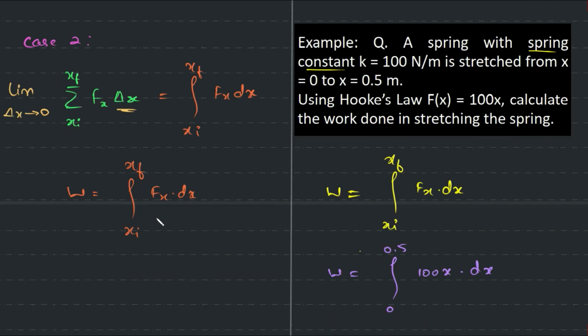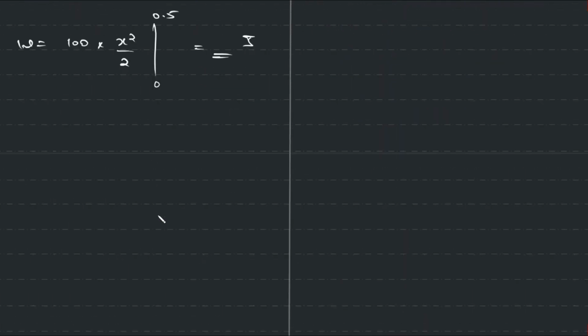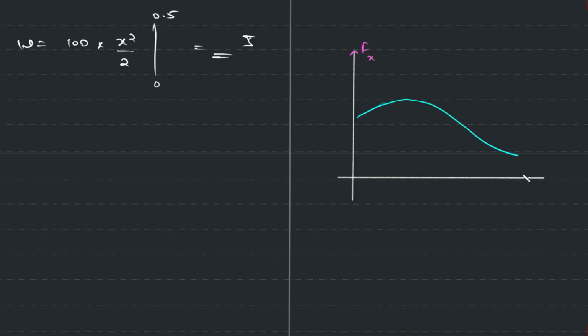The diagram will be something like this: force is varying and varying, it can be anything like this. This is F and that's the displacement, and the work done will be the area under this.